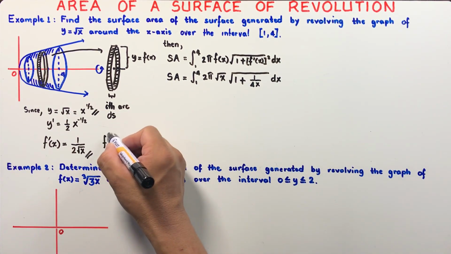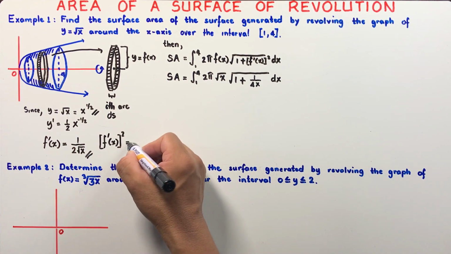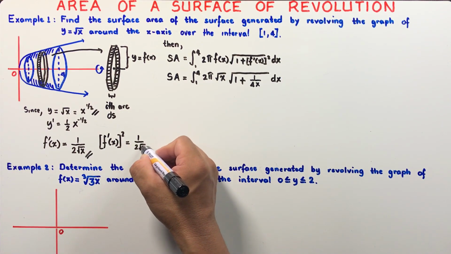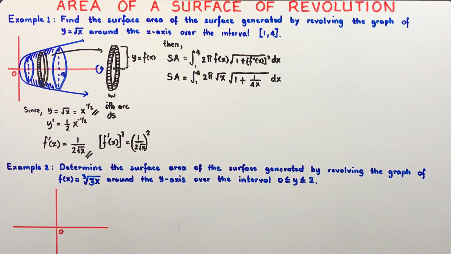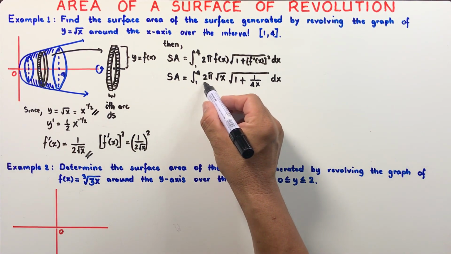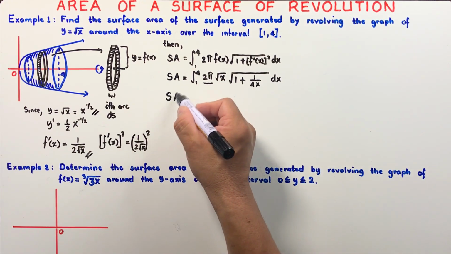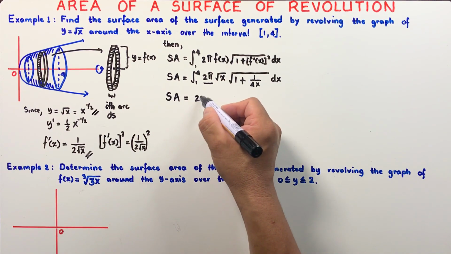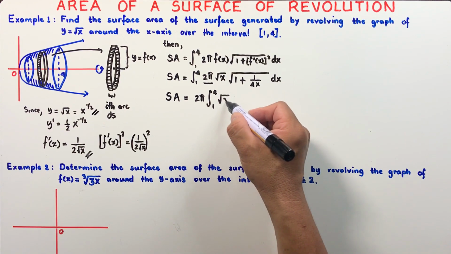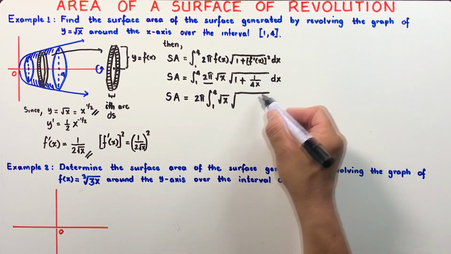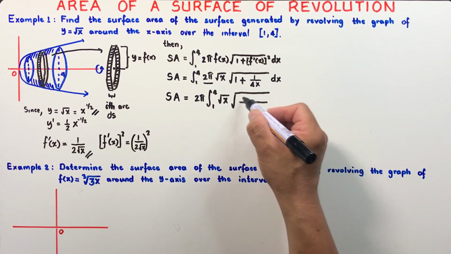Because when we square this derivative, the square of 1 over 2 square root of x is equal to 1 over 4x. And factoring out this constant 2 pi as well as combining these two terms, we have the whole surface area equal to 2 pi times the integral from 1 to 4 of the square root of x times the square root of a single fraction having a common denominator of 4x.